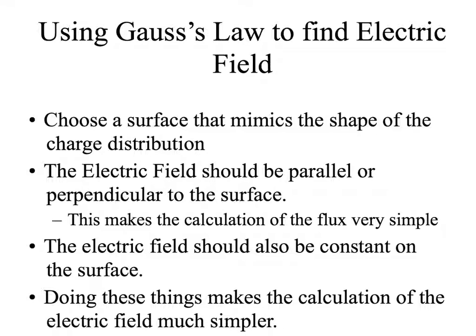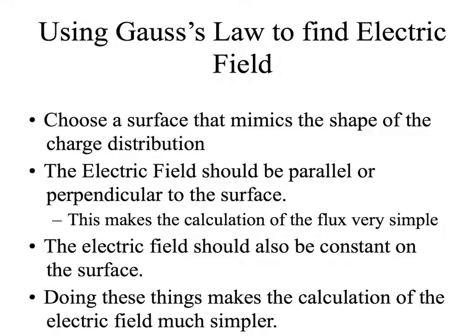When you choose your surface that's mimicking your charge distribution, you also want to choose the surface so that the electric field should either be parallel to the surface or perpendicular to the surface. If it's perpendicular to the actual surface, then you get the greatest contribution.